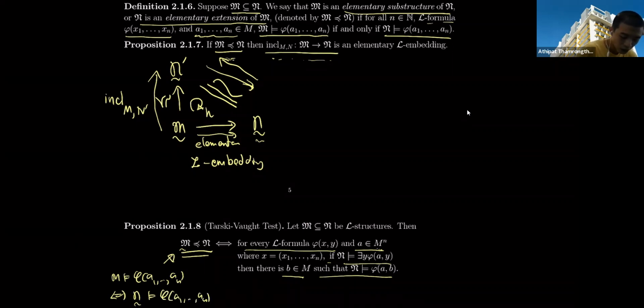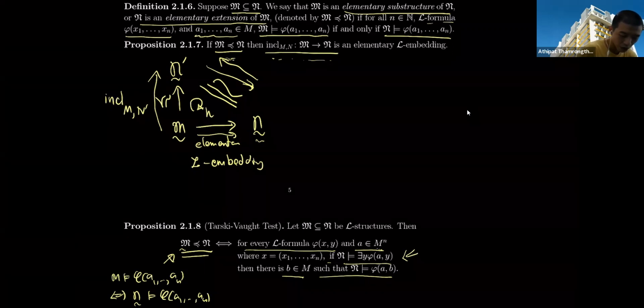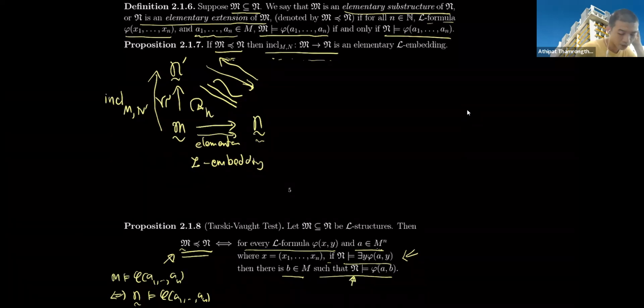But in the condition on the right, we only need to consider satisfiability in N, while the objects we consider come from M. That is why it reduces our work from considering every possible formula to just formulas of this form.